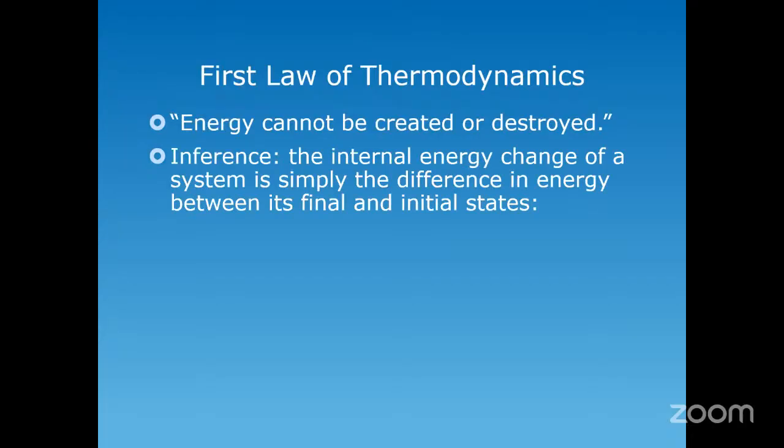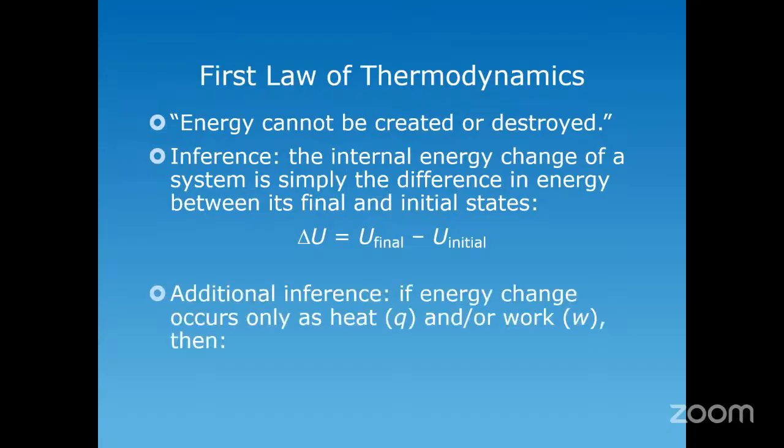So the conclusion that we can come to based on this law is that the internal energy change in a system is simply the difference between the energy of its final and its initial state, right? So basically, the change in internal energy will be equal to the final internal energy value minus the initial internal energy, all right?